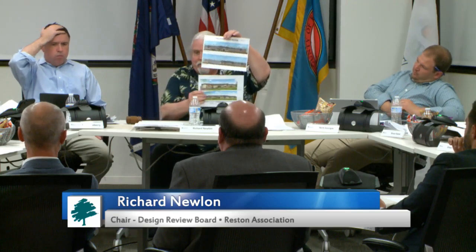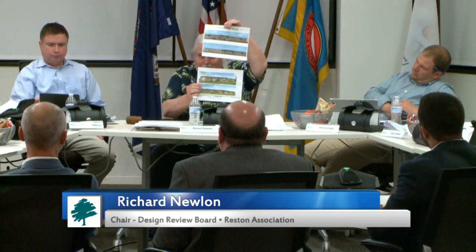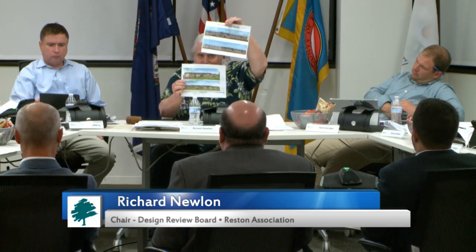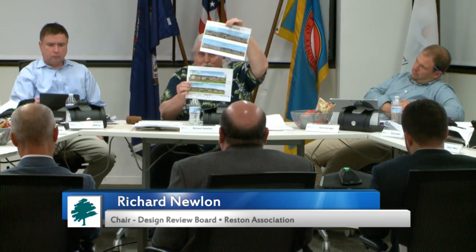So I'm not in favor of the new color palette. The yellowish siding, to me, visually makes the building look a lot larger. Of these two drawings, the one on top is what we had last year, the one on the bottom is what you just gave us. Because of the lighter colors, this looks way bigger. So I couldn't vote in favor of the new color palette, because the old color palette was one of the main reasons. I think it made the building look smaller, and it visually reduced the mass.